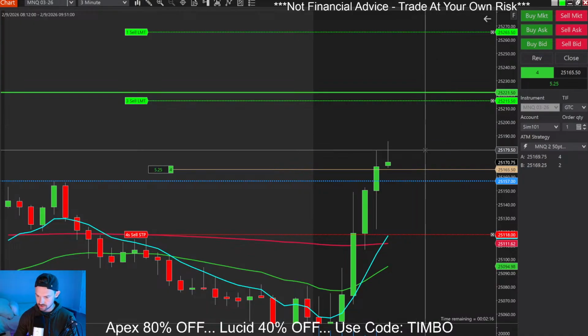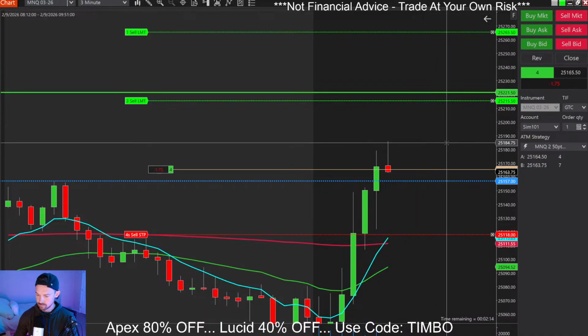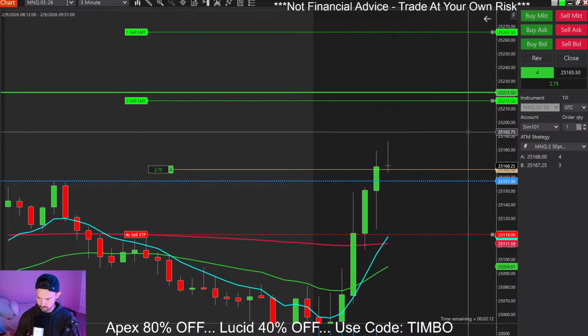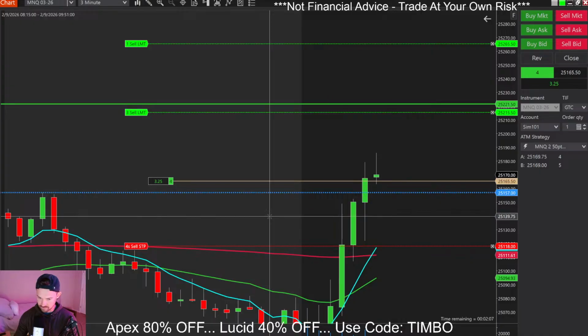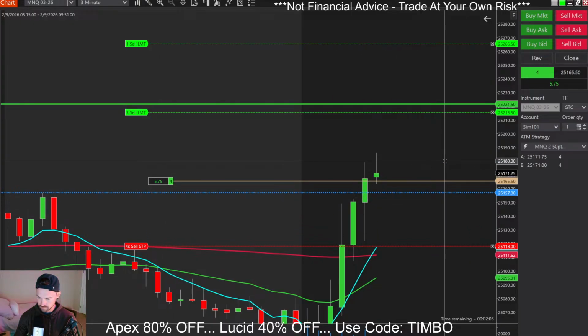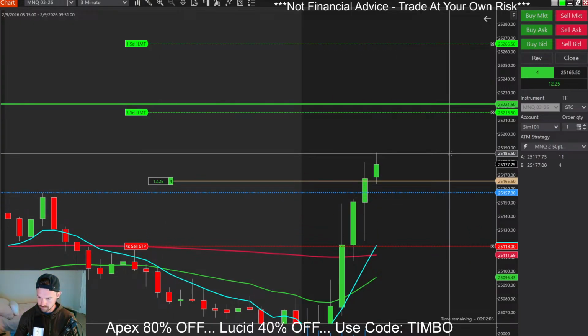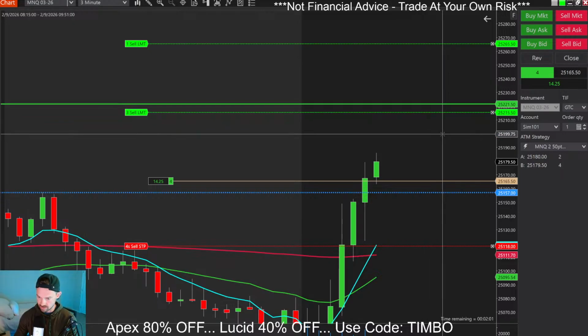A little bit of rejection here. So I'm going to see us hold above this 155 area. Get that push up to the previous day high.